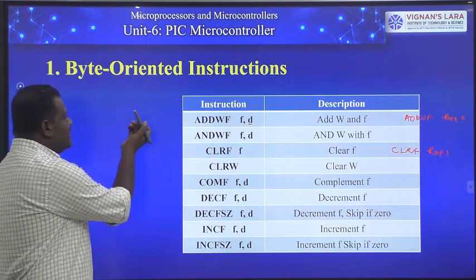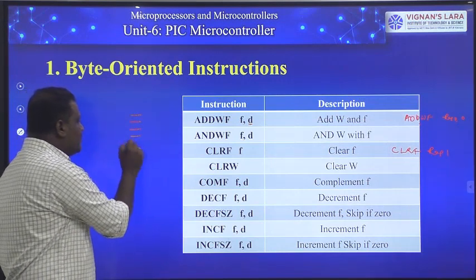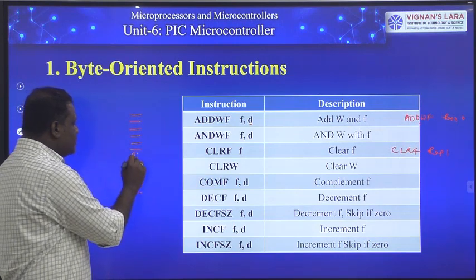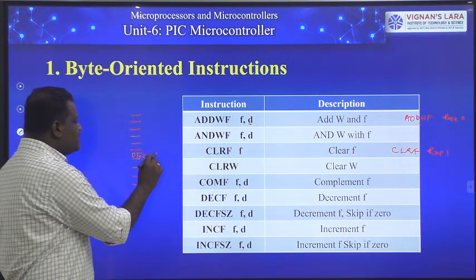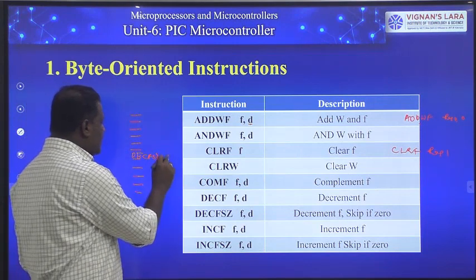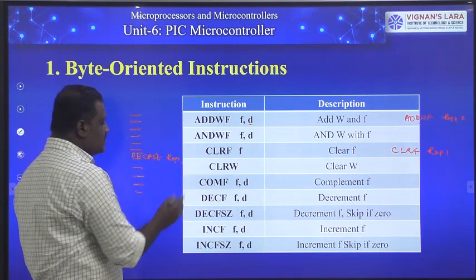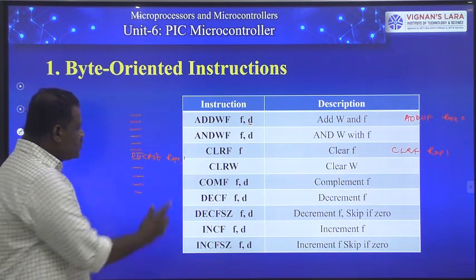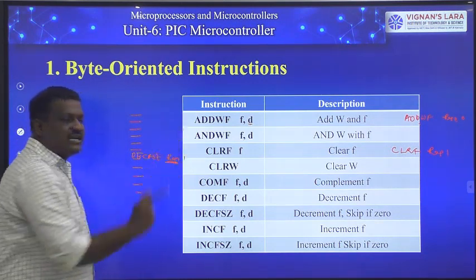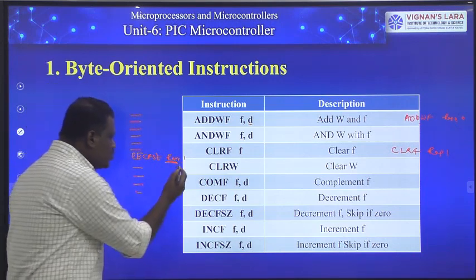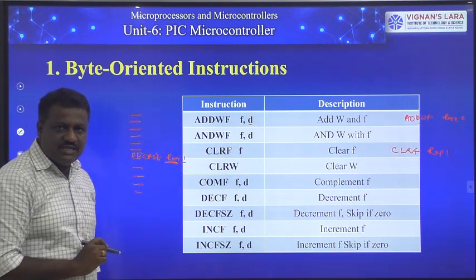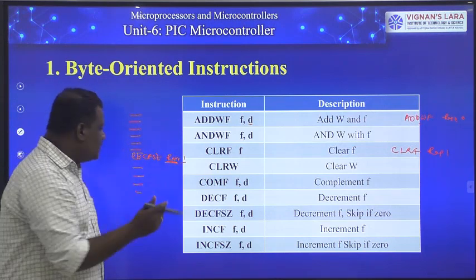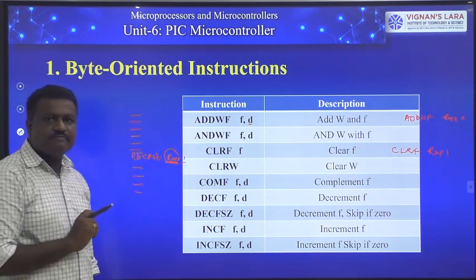I will write a small example for better understanding. Friends, assume this is a program. Somewhere here I have an instruction DECFSZ REG1, 1. That means first I must decrement register 1 content by 1. Since D is 1, the result after decrementation is again stored in register R1 itself.